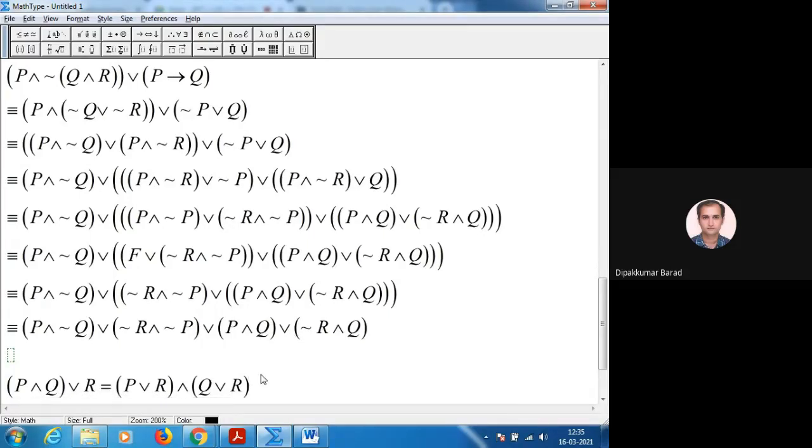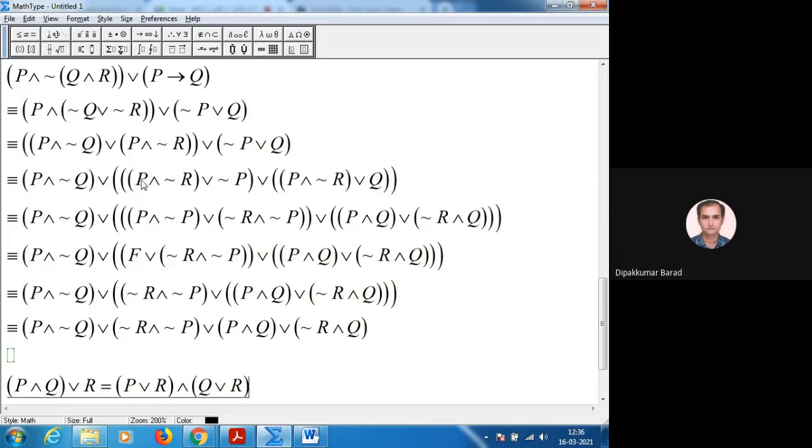Amit Kumar, is it clear, or do you have any doubt? Sir, there it should be P and negation R, or negation P. See, this is in a bracket, P and not R, which is in one bracket, and then or not P. So this OR is distributive over this bracket.